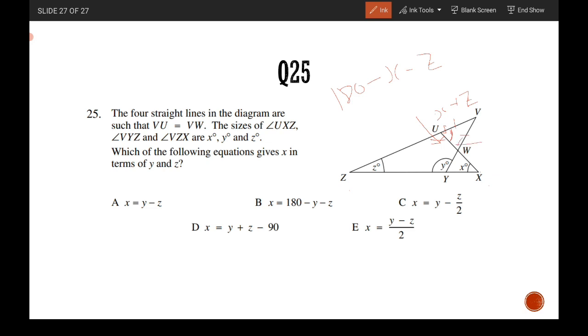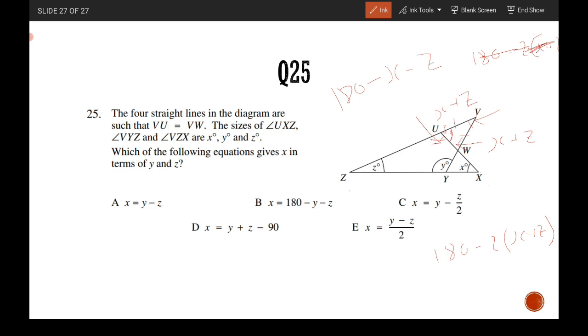This is equivalent because of isosceles triangles, so that makes that also x plus z. And this one here, therefore, is 180 minus 2 lots of x plus z.